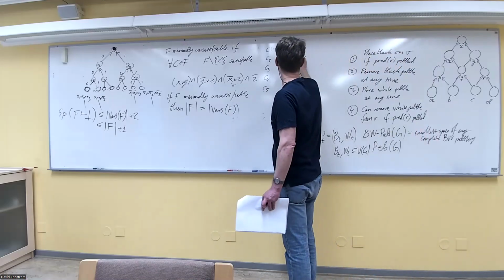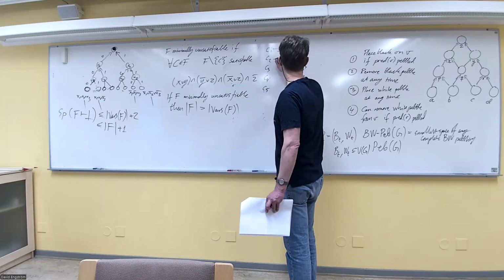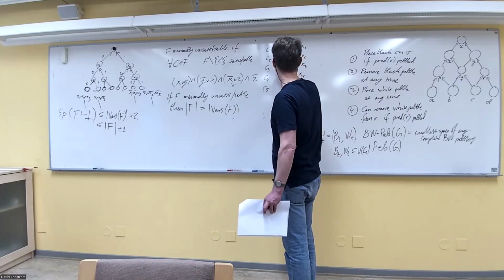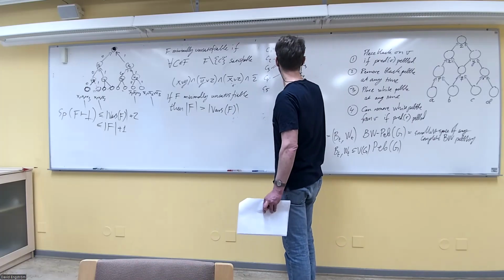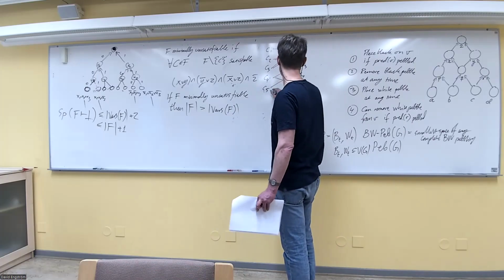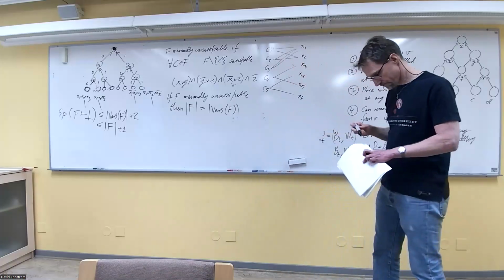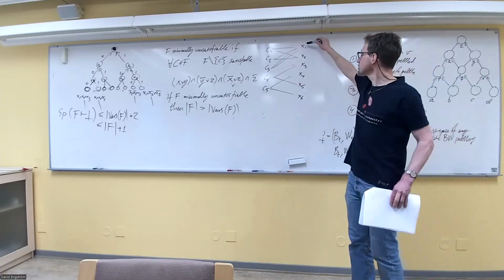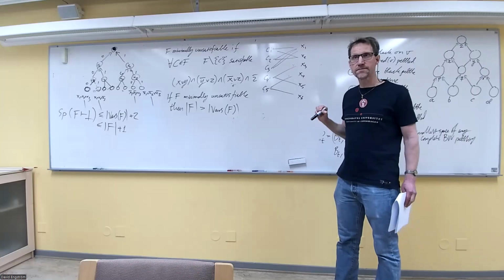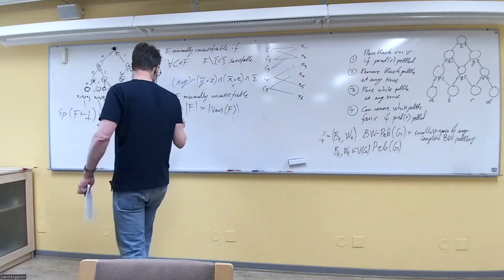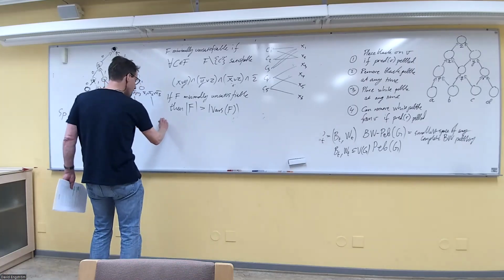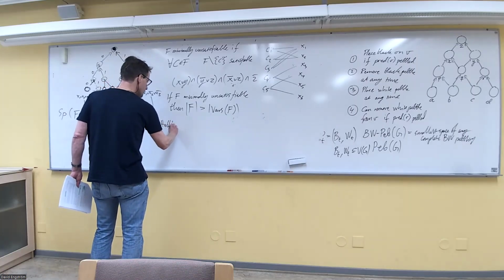And we need some edges, I guess. Maybe something like this. So these are variables occurring in clauses. Okay. So what does Hall's theorem tell me?